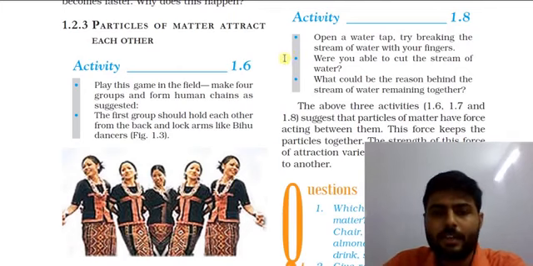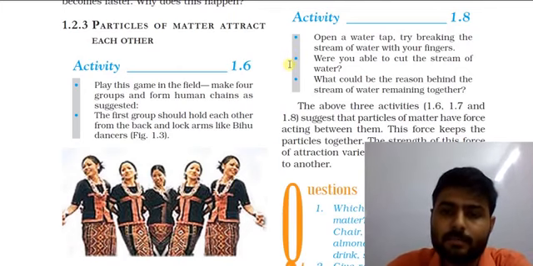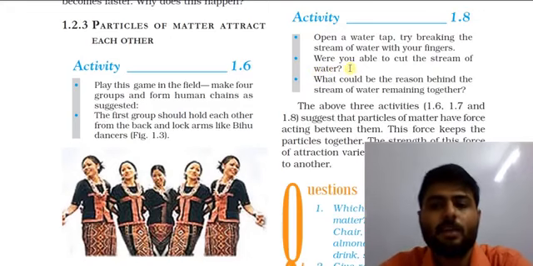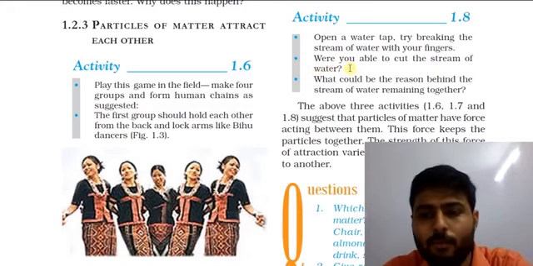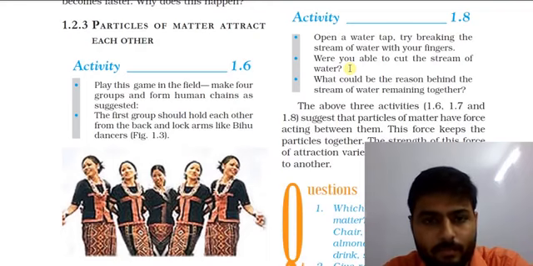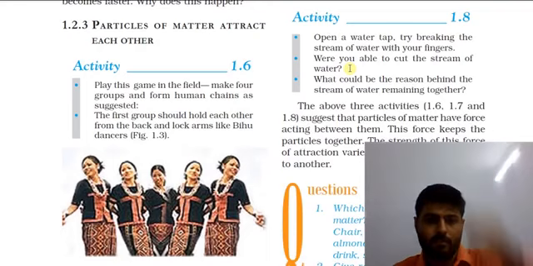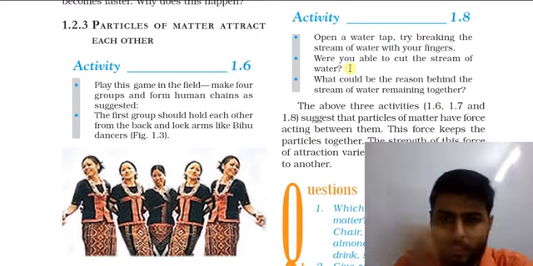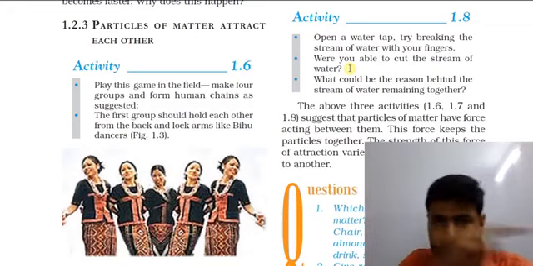After that, we have another activity. Open a water tap and try to break the stream of water with your finger. Now, if we have water coming from a tap and we try to break this water, we can do it like this.